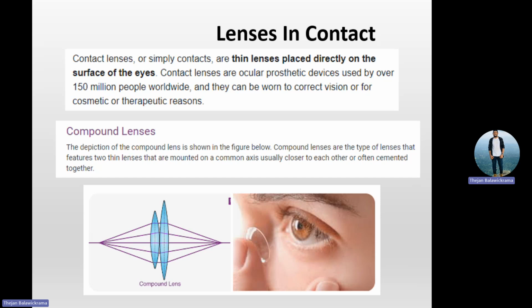Normally they are ocular prosthetic devices used by over 150 million people worldwide. They work as a compound lens. Compound lenses are the type of lenses that feature two thin lenses mounted on a common axis, usually close to each other, symmetrical.